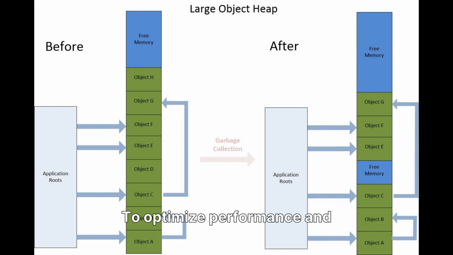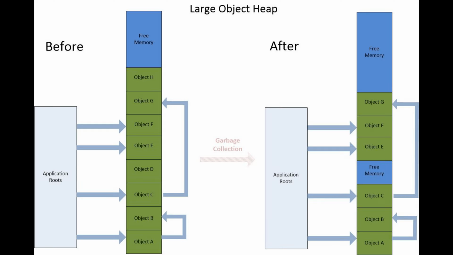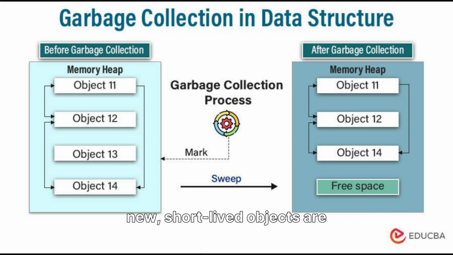To optimize performance and reduce the frequency of full collections, .NET organizes objects into generations based on their age. This generational approach allows the GC to focus its efforts on areas where memory is most likely to be reclaimed. Generation 0 is where new, short-lived objects are initially allocated.